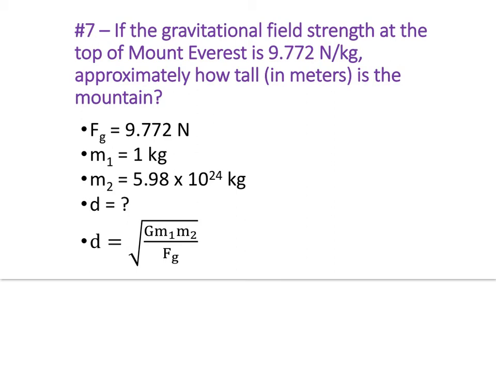But that's not what I want. I don't want that whole length right there. So what do you have to do? You take whatever answer you get here and you subtract the radius of the Earth that's given to you on the front of your worksheet. And what that'll tell you is that difference is how tall is Mount Everest? What's left to be the height of the mountain?